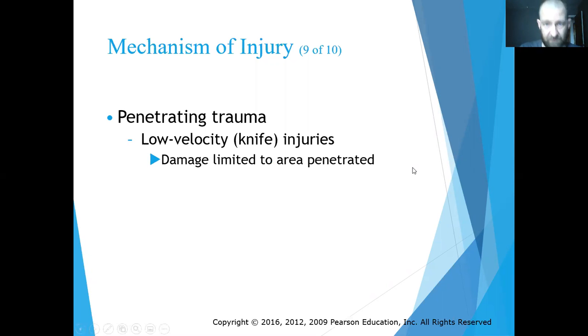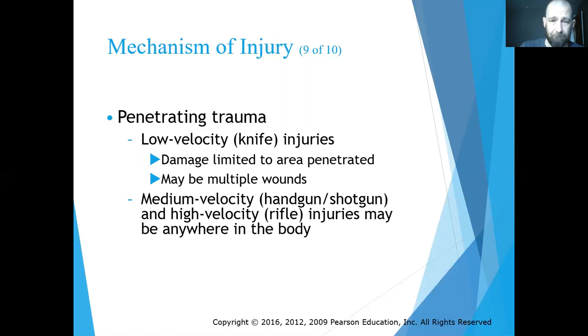It's limited to that area. Now there could be multiple stab wounds. Medium velocity is going to be handguns, shotguns, arrows, and high velocity is going to be rifle injuries, and they could be anywhere on the body.